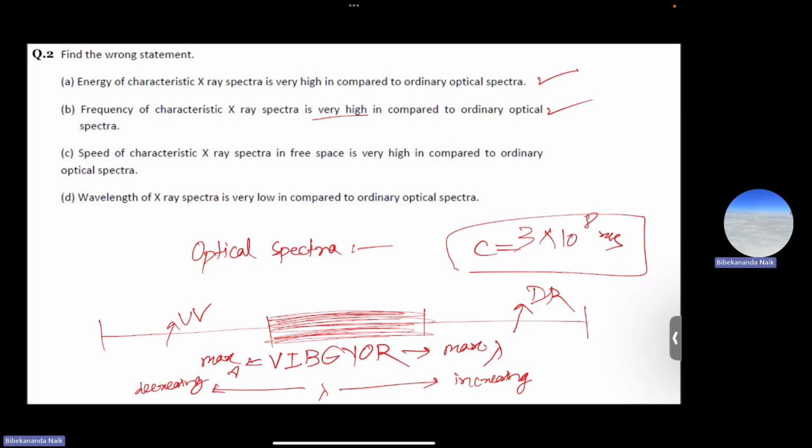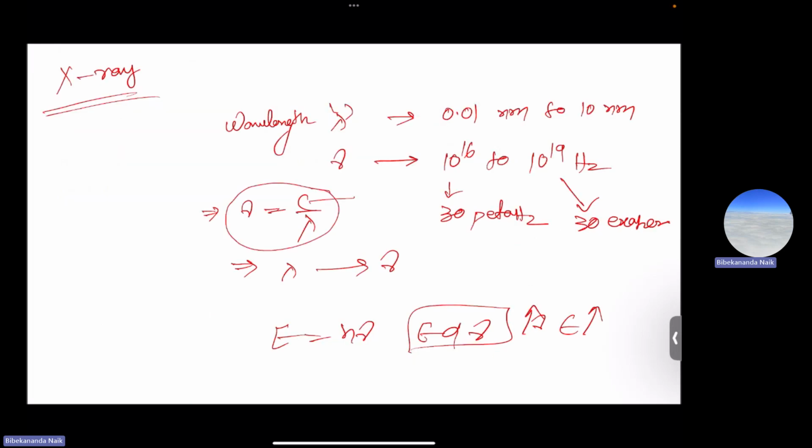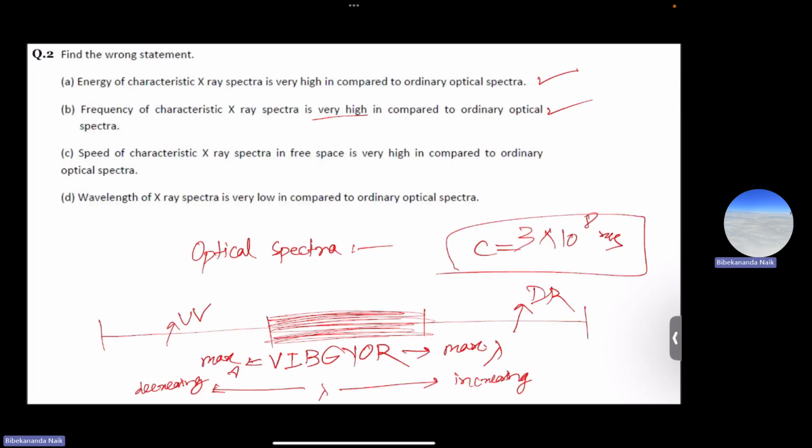This value is constant for all the regions. So in this relation, c is constant and frequency and wavelength vary. If the frequency increases, then the wavelength will decrease. So this option is wrong because the speed of characteristic X-ray spectra in free space will be equal to that of ordinary optical spectra. The velocities of both, X-ray or optical spectra, will be the same.